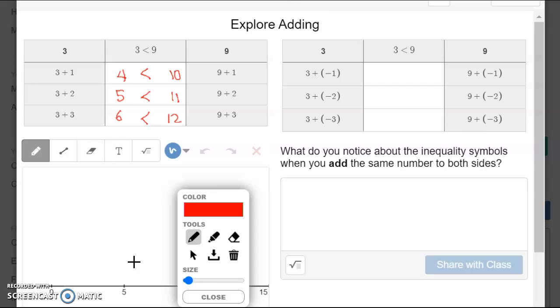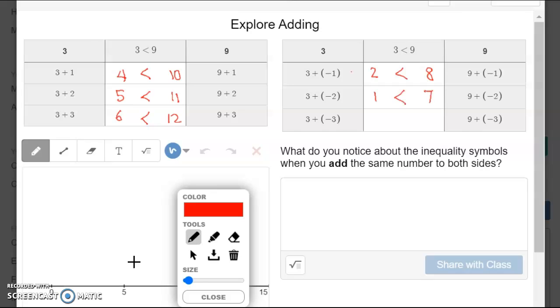What if we added a negative number? Okay, so adding a negative number is like subtracting. 3 minus 1 is 2, and 9 minus 1 is 8. Which is the bigger number? 8 is the bigger number. 3 plus minus 2 is like 3 minus 2, which is 1. 9 plus minus 2 is like 9 minus 2, so that's 7.